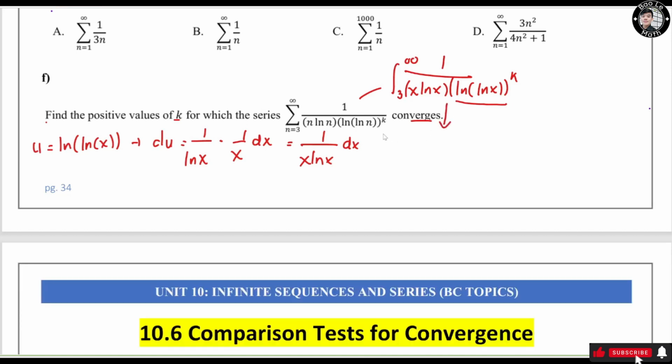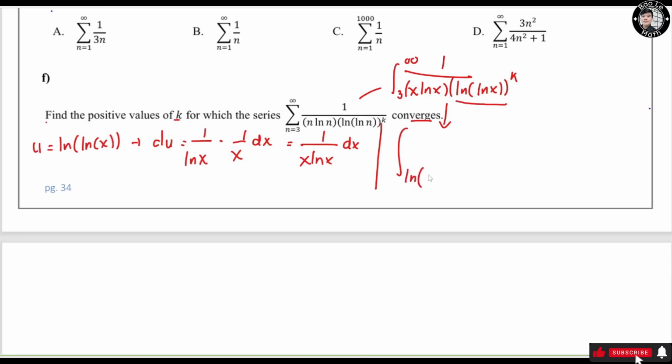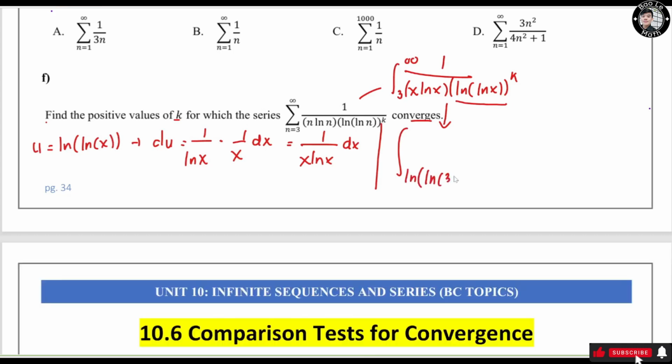So this becomes, when s equals 3, the integral from ln of 3 to infinity of 1 over u, and this one equals u. And this one right here is actually du, so I put du right here. And this one to the power of k, right?